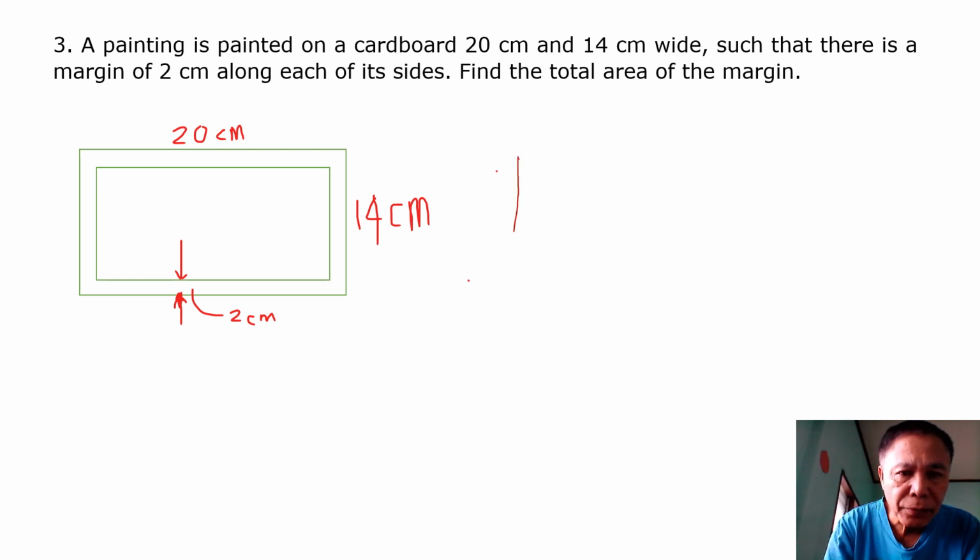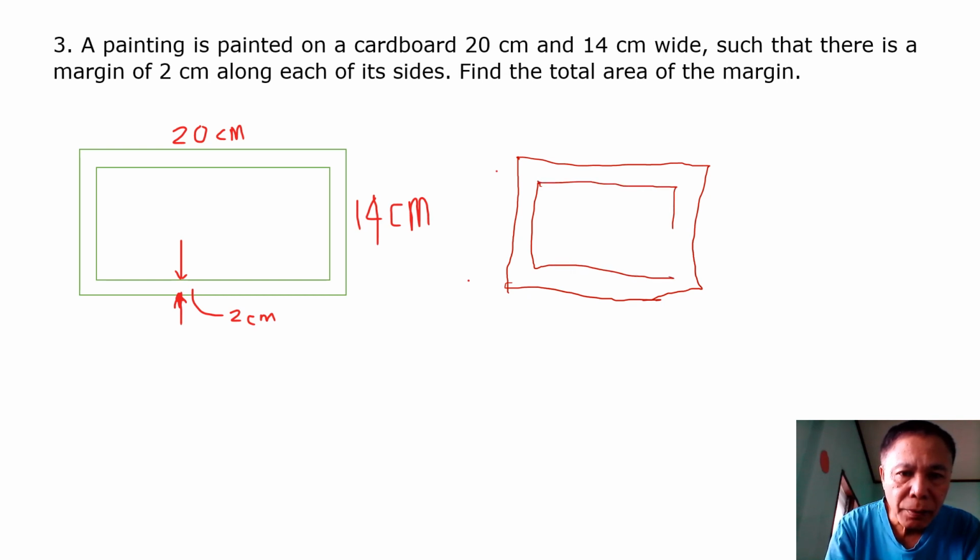So draw the figure of the resulting figure. This one is not drawn to scale, so it is just a view of the problem.